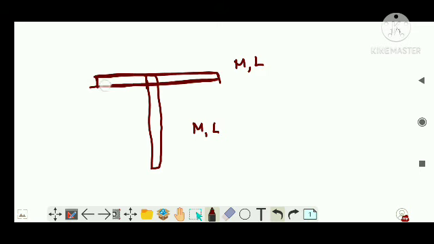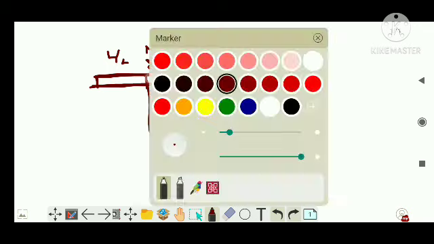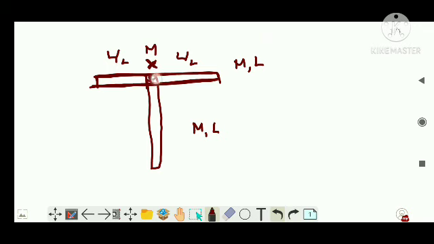This rod, what will be its center of mass? It's exactly at its center, L by 2, L by 2, right? For a uniform object, the mass will be concentrated at the center, right? So this becomes the center, and this center is at location L by 2 here, right?